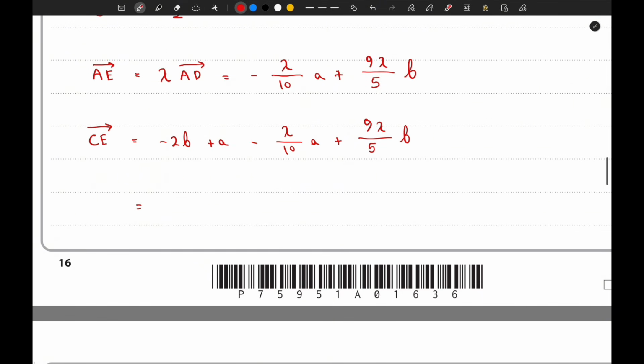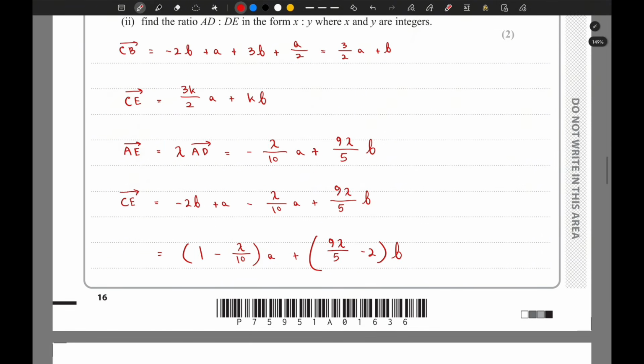Now if I take a as common, I get 1 minus lambda over 10 a, plus, taking b as the common part, 9 lambda over 5 minus 2 of b.